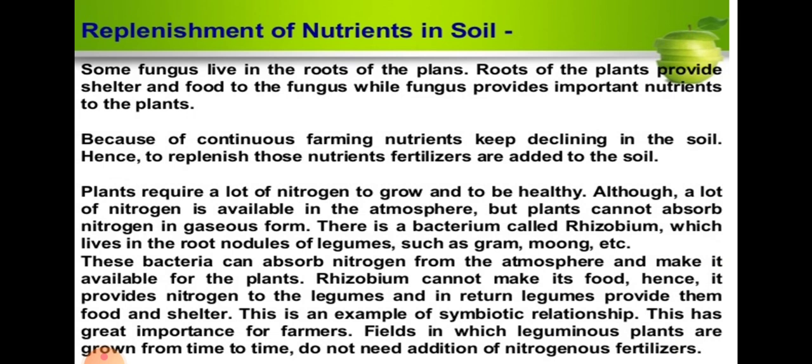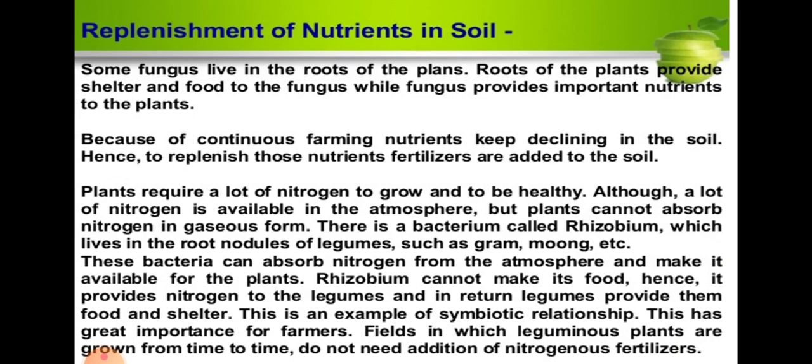Fertilizers and manures contain plant nutrients such as nitrogen, phosphorus and potassium. So when fertilizers and manures are added to the soil in the field, the soil gets enriched with nutrients like nitrogen, phosphorus, potassium, etc. The crop plant can then grow well in the soil.